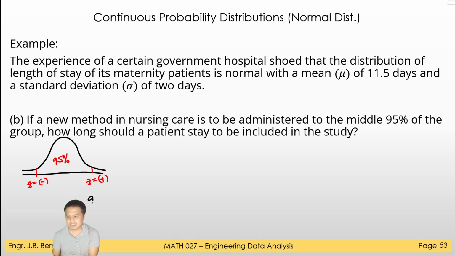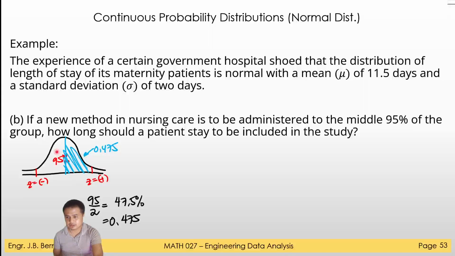If you divide 95% by 2, this is 47.5%, or 0.475. Now, the area that I'm talking about is this. So this is 0.475.